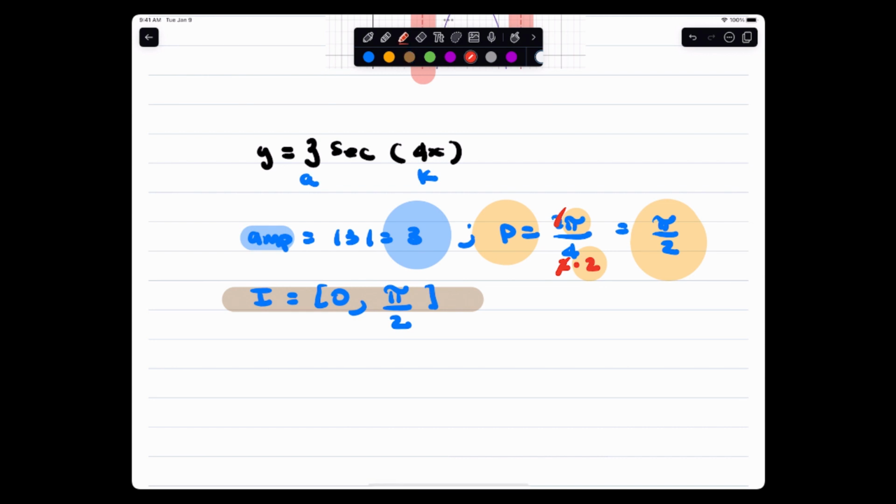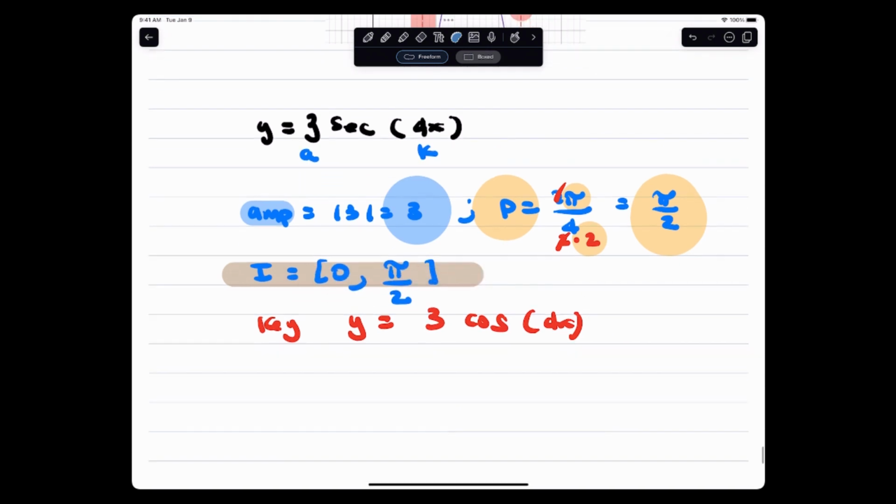Okay, now you say, why am I doing this? Because what's the key again? Your key is to graph what? Cosine. So here's the key. Y equals 3 cosine 4x. This is what you are looking at. So you said, oh, I got to graph this.